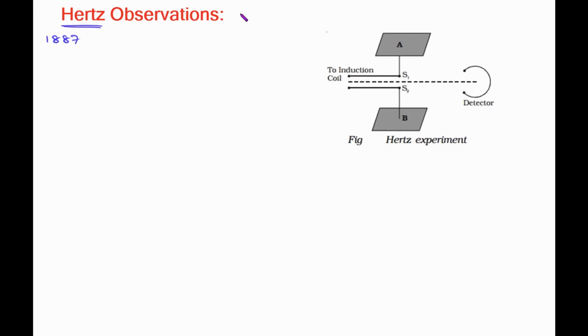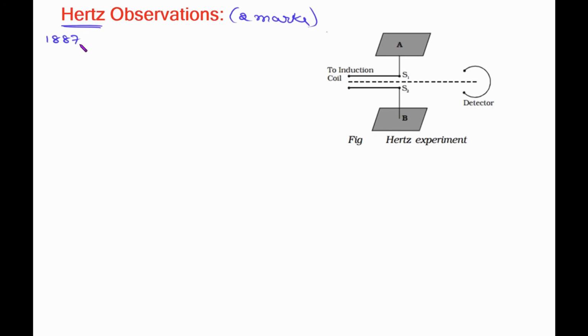They can ask you this for 2 marks in the exam, asking you to write Hertz's observations. Fine. History and all you need not write, and even the diagram you just have to pen down the observations. Okay, so for the sake of understanding I have taken the experimental setup.